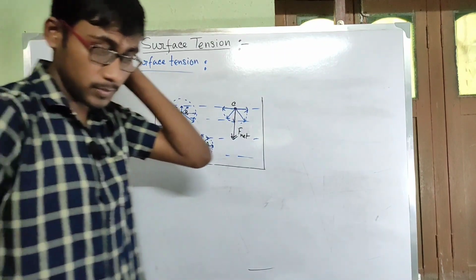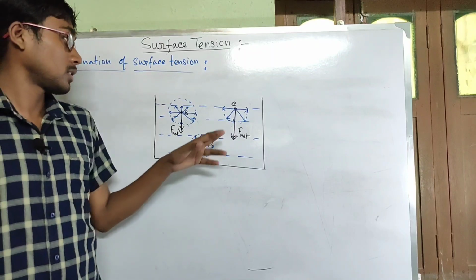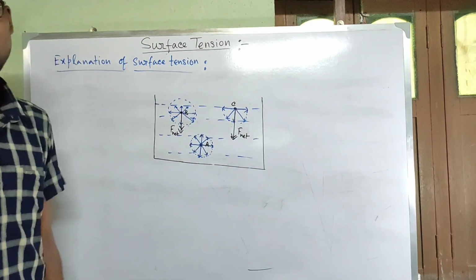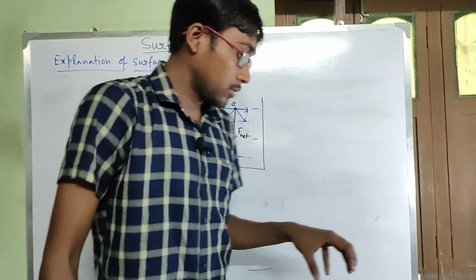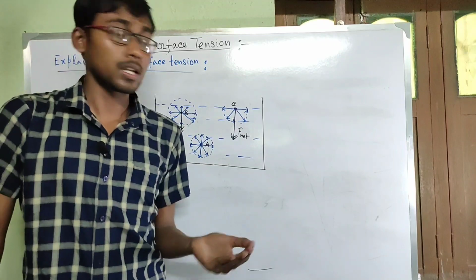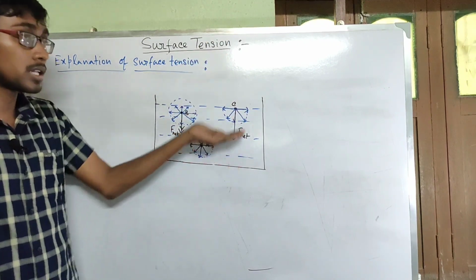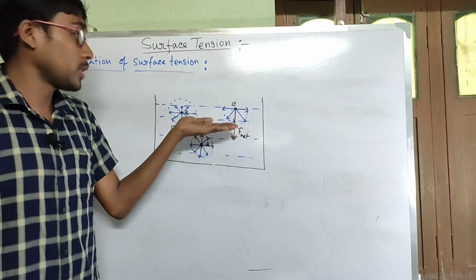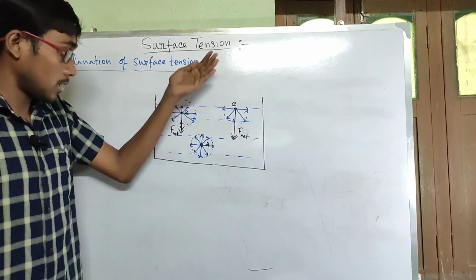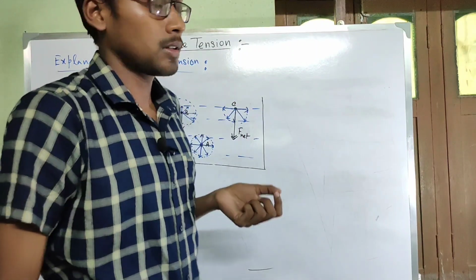So, from this diagram we easily understand that the molecules lying on the surface of the liquid have the maximum net downward resultant force acting on them. So, to maintain their position, maximum work is done against this downward resultant force, just to maintain their position.